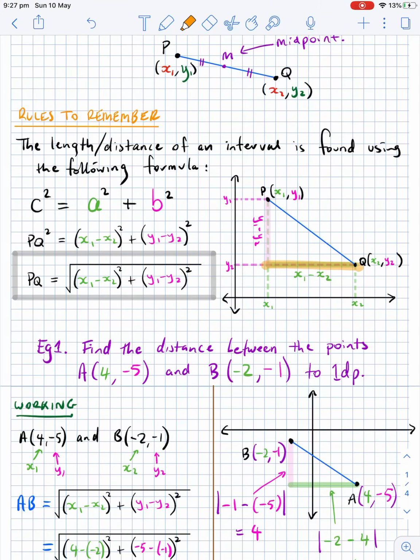So the difference here is this length here. The difference is just subtracting the 2, so x2 take away x1. Same thing here, this length of our triangle is going to be the difference between the y coordinates of our 2 points. So that's going to be y1 take away y2.